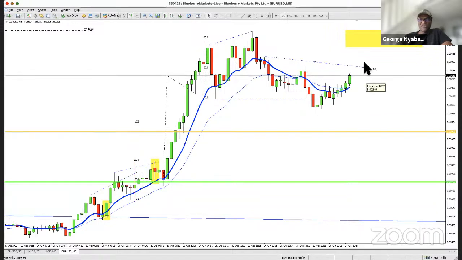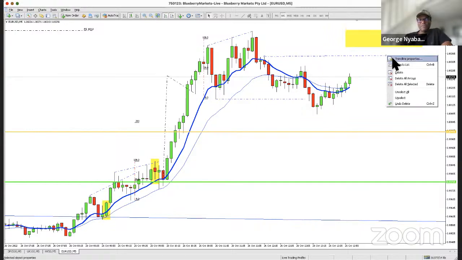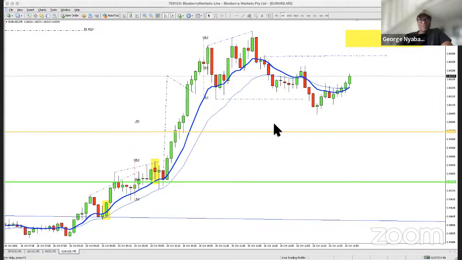But that's not our interest. Our interest is that lower high. There's another dip at the nearest one in that. Our interest is to see how we break out above that.